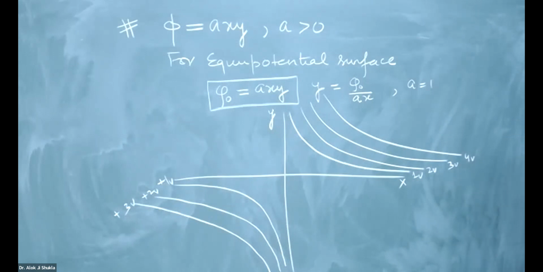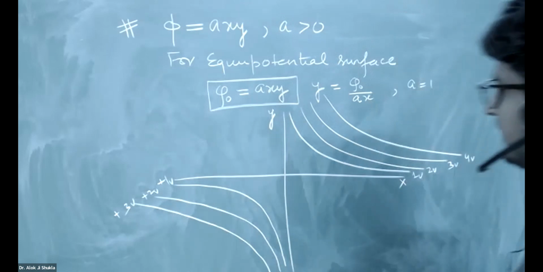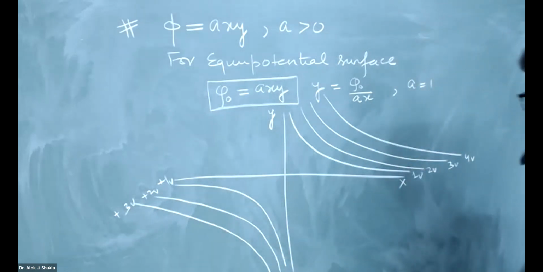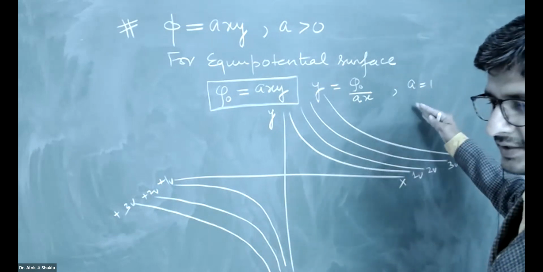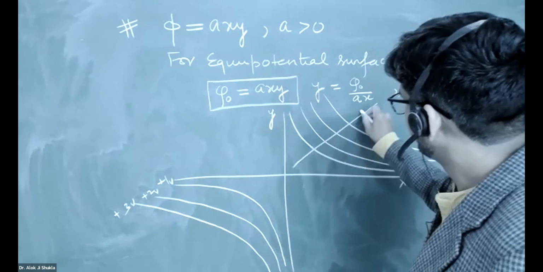And a very important thing is, what is the direction of electric field? So potential is increasing in this direction. So what is the direction of electric field? Opposite.